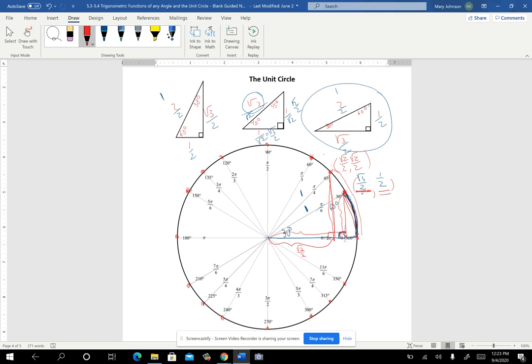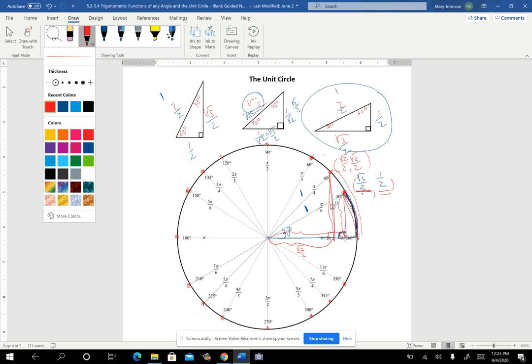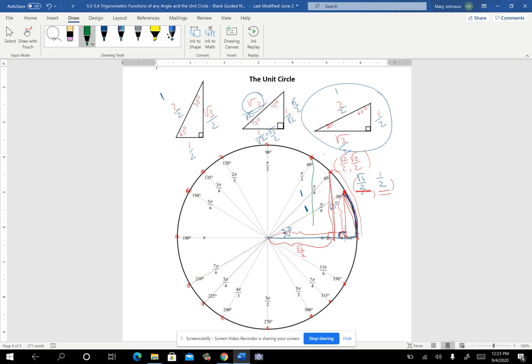All right, let's do one more. Let me change colors so it's not getting so connected. Let me do a green. So let's drop the perpendicular here. Okay. The radius of the circle is 1. Now this is the triangle you really should look at as being superimposed in there.